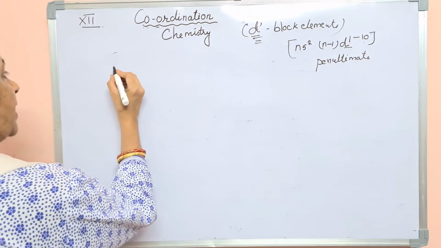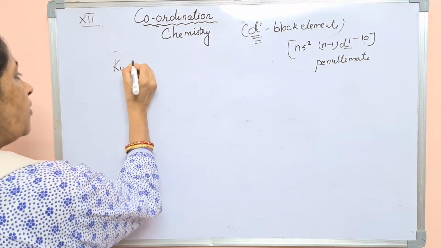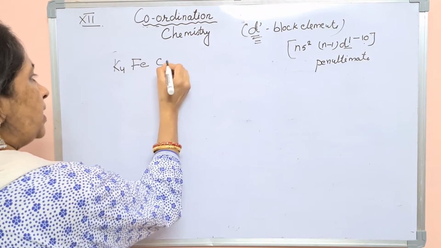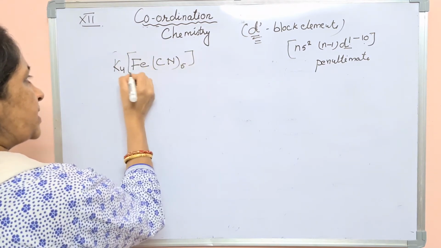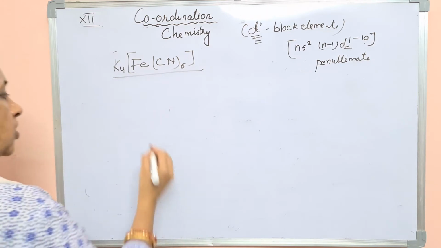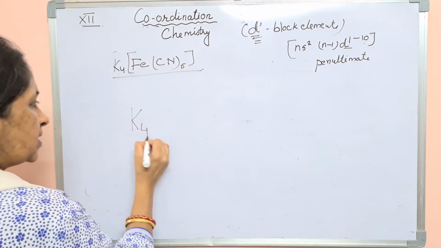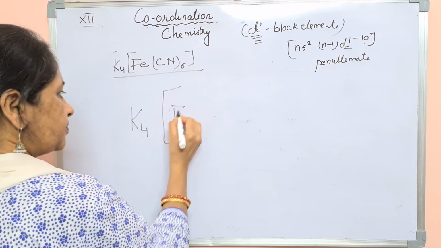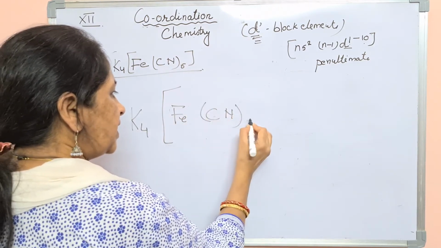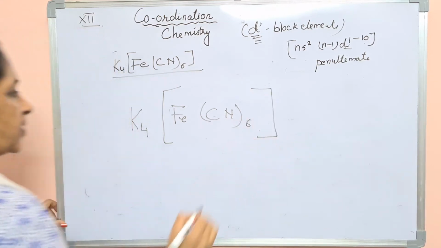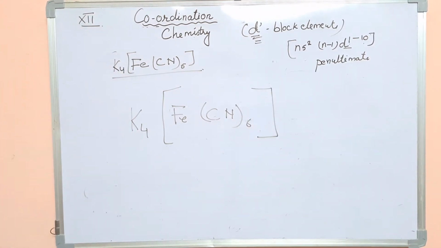So the example I told you was the example of K4[Fe(CN)6]. ठीक है? See this K4, iron Fe, CN whole 6. This is potassium ferrocyanide.